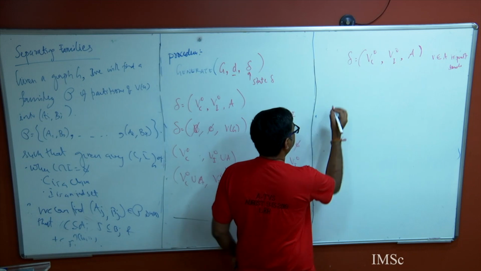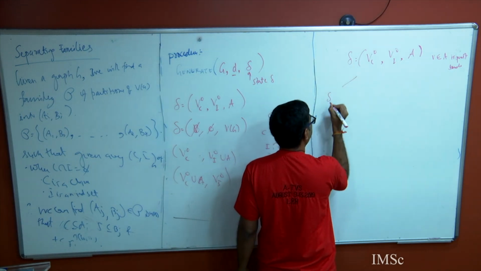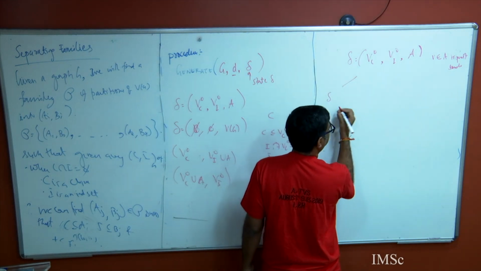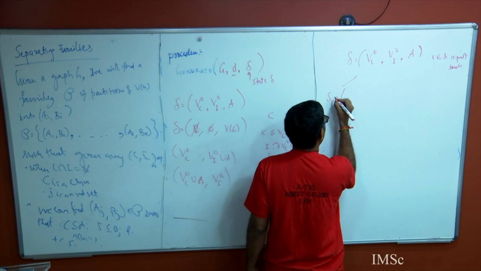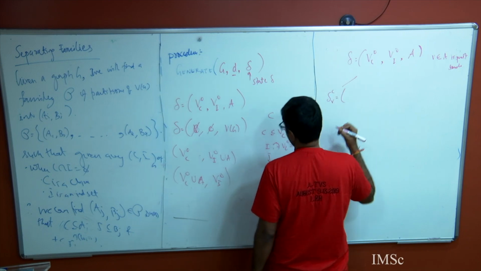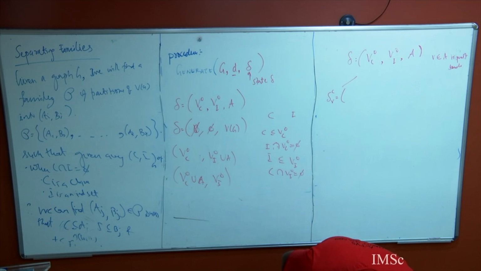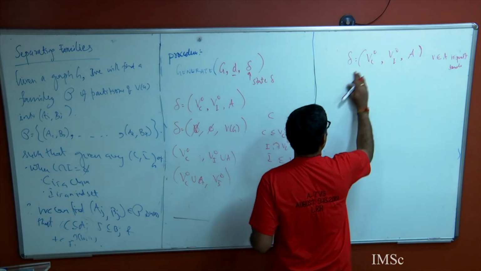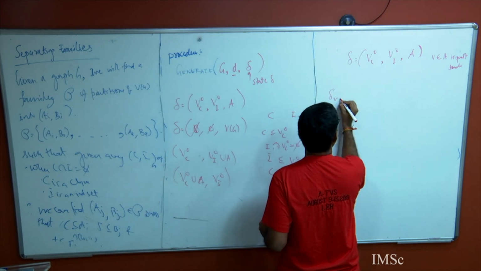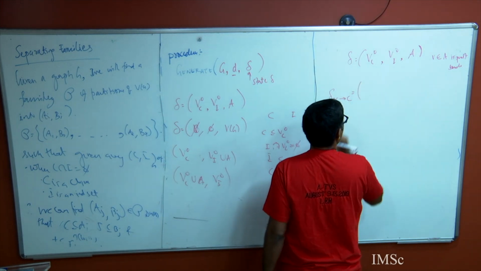Okay, so then I will go to the new state, let's call it delta V. V goes to C.